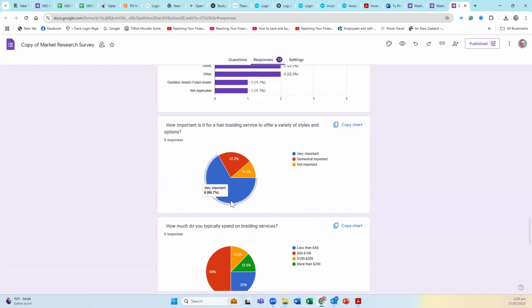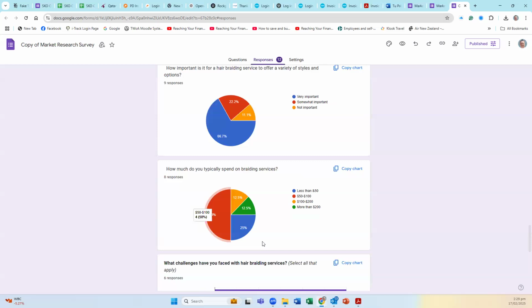You just look at the percentage where it says very important, and then go back to the question to see what it's important about. That makes it a little easier for you, going through each graph and interpreting what each question is saying.